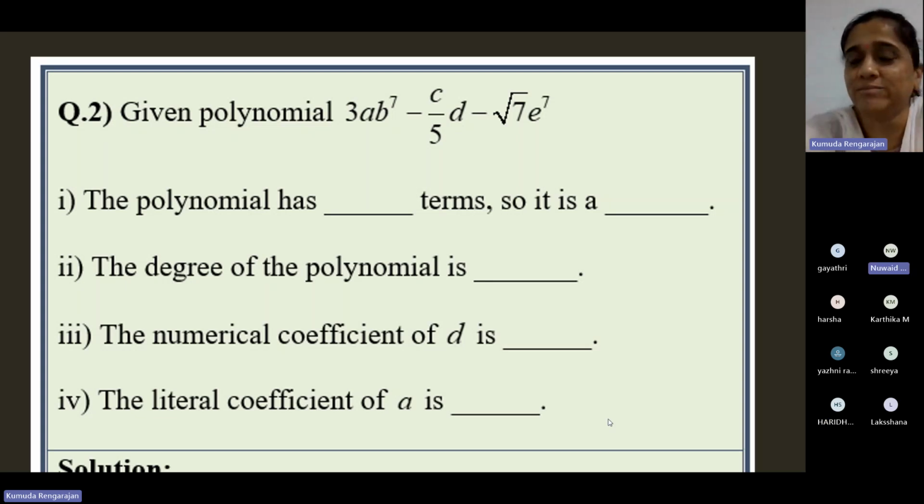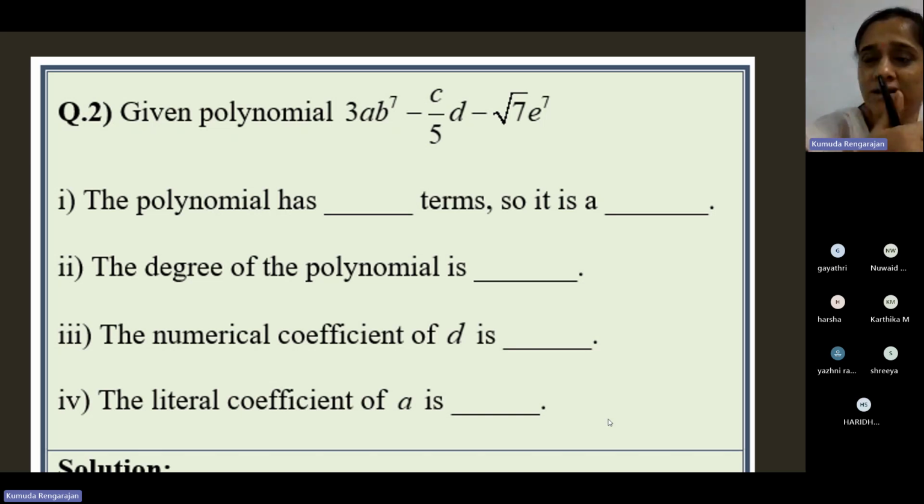See the first term. In the first term, how many variables? 2 variables, A and B. The power of A is 1. The power of B is 7. So 1 plus 7, 8 is the number for the first term. Second term, how many variables?